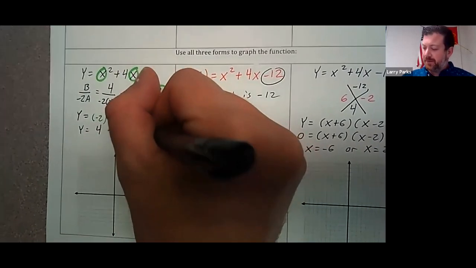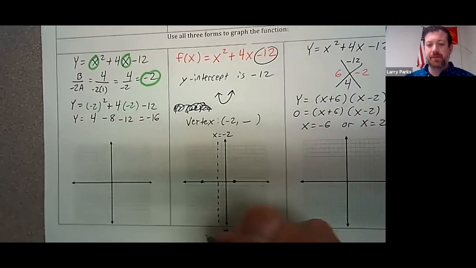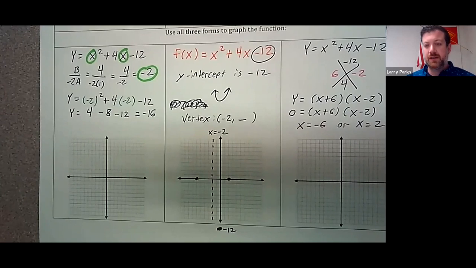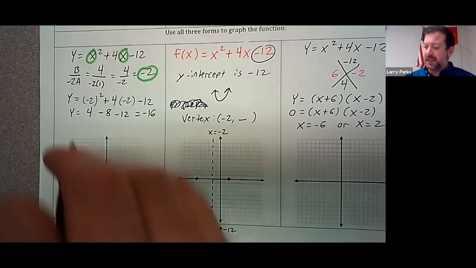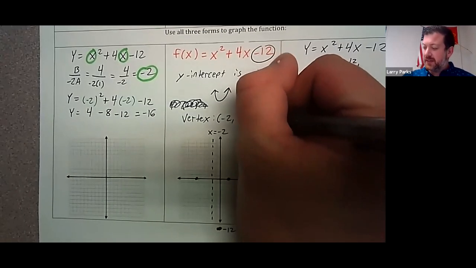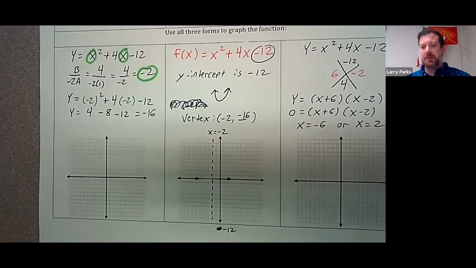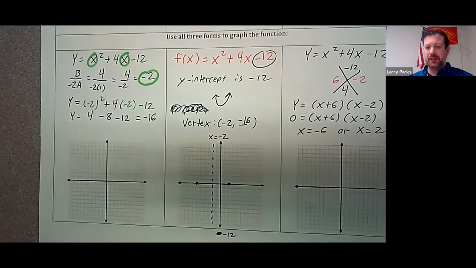Negative 16? Well, yeah, this is not a very good example to graph. So I got the vertex is negative 2, negative 16.